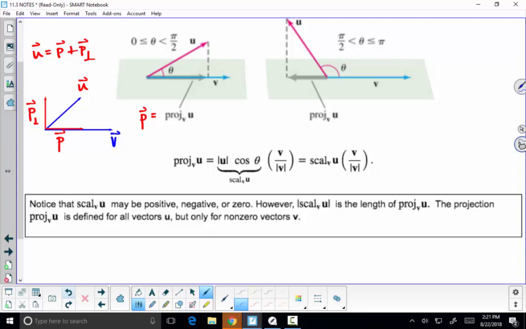Can't we think of p as a scaled unit vector, where that unit vector is in the direction of v? That's what's going to happen here. This is a unit vector: v divided by the length of v. We're going to think of that as a unit vector and then scale it, so we need to figure out how much to scale it by.